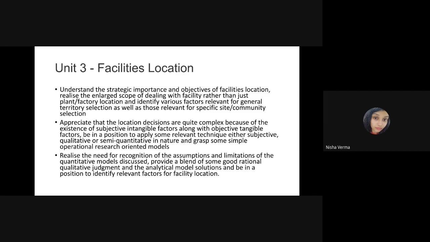Economic reasons include total cost and profit. Political reasons include the pursuance of a policy of decentralization, regional development planning, or maybe military invasions. Sociological reasons include anti-pollution concerns, floods, and these things.